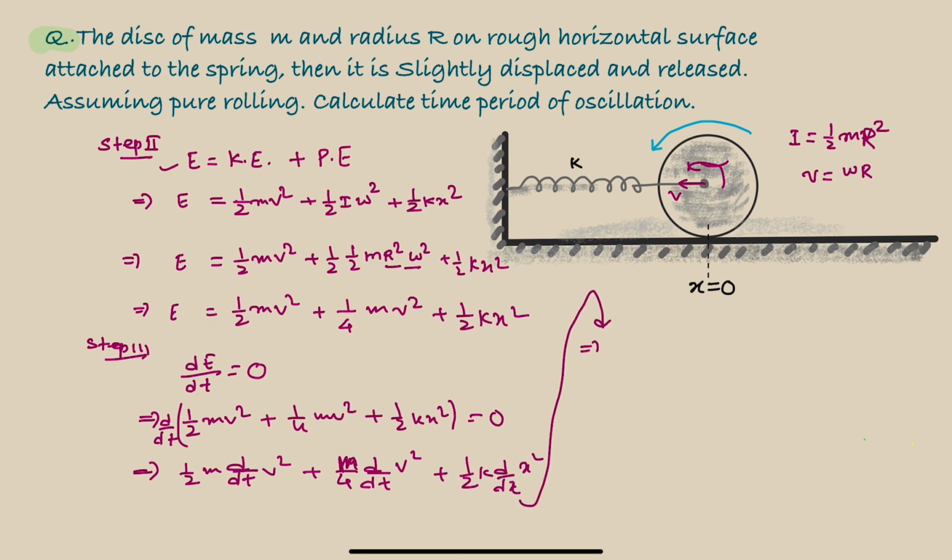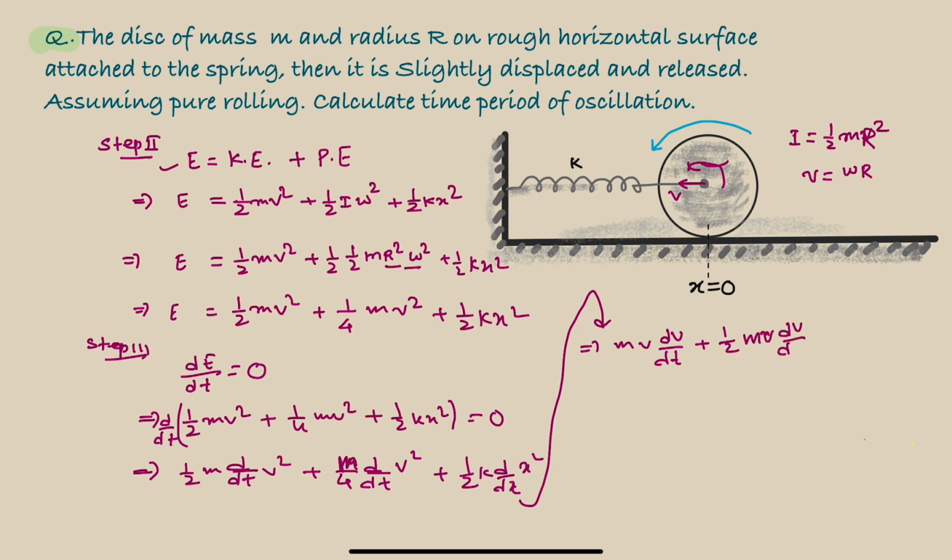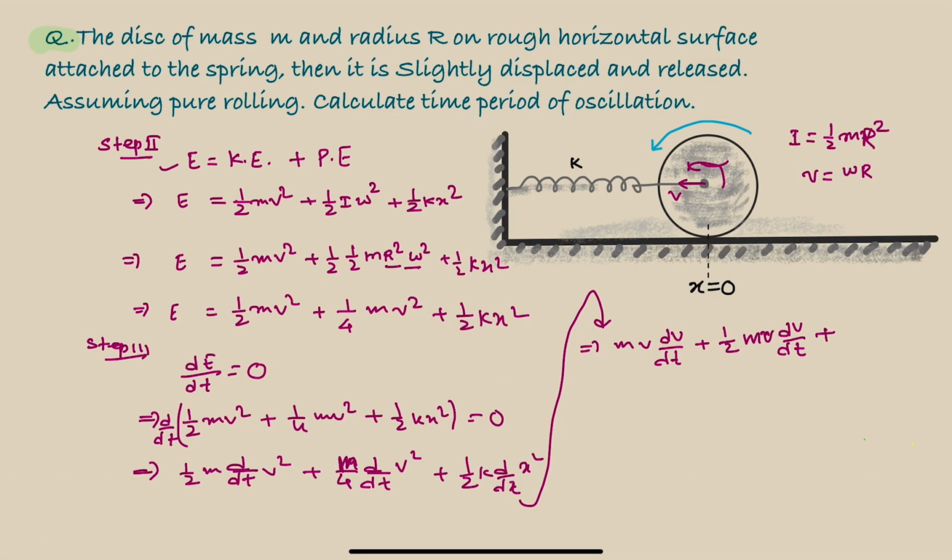So this will be equal to m multiplied by, the 2 will be cancelled, so dv/dt, plus 1 by 4 m, this 2 will be cancelled with 4, so this will be 2 m multiplied by again v dv/dt, plus 2 will be cancelled. This will be kx dx/dt shall be equal to 0.